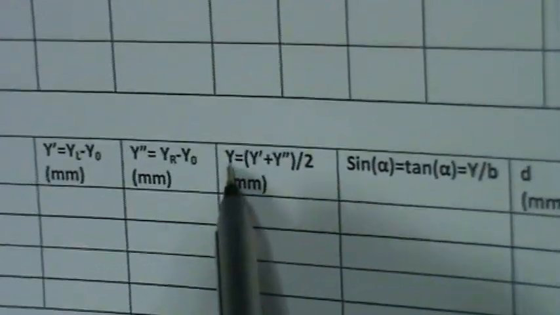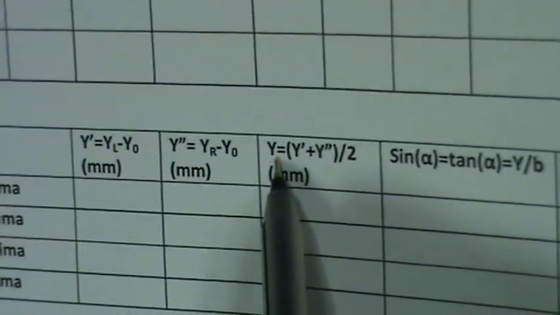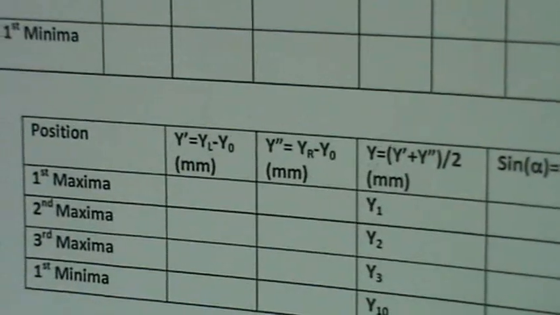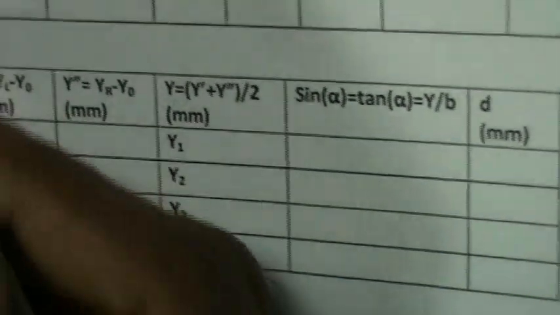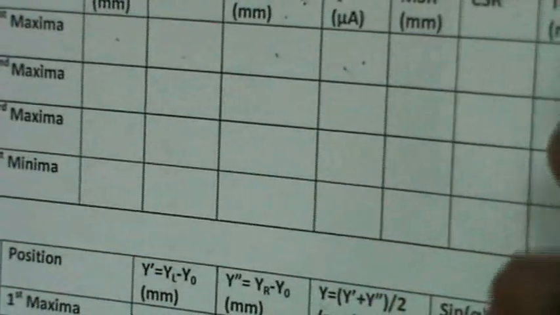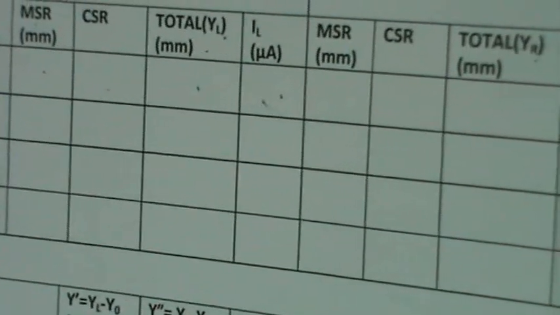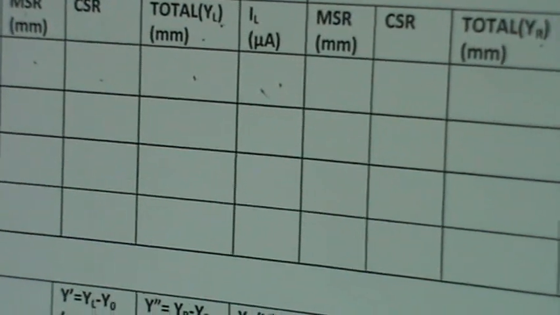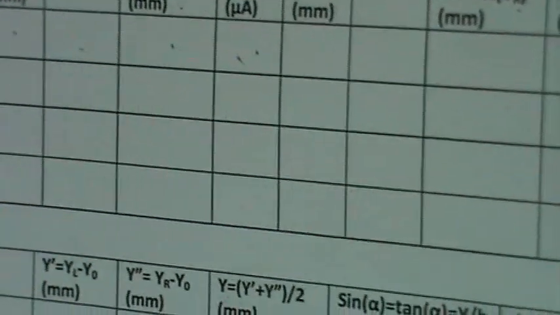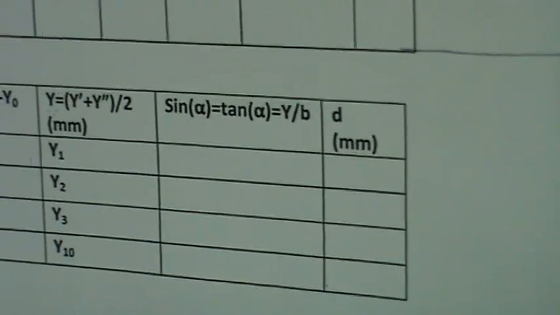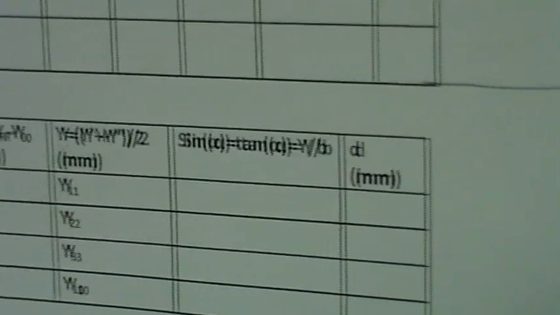What we have found out is that this y is, for the first secondary maximum, y1. So that value is obtained. You substitute in this expression, try to get the value of d. Similarly, you take the reading corresponding to the second secondary maximum, third secondary maximum, and the same procedure needs to be done. You calculate the value of slit width, right? So that gives you the completion of your first part.